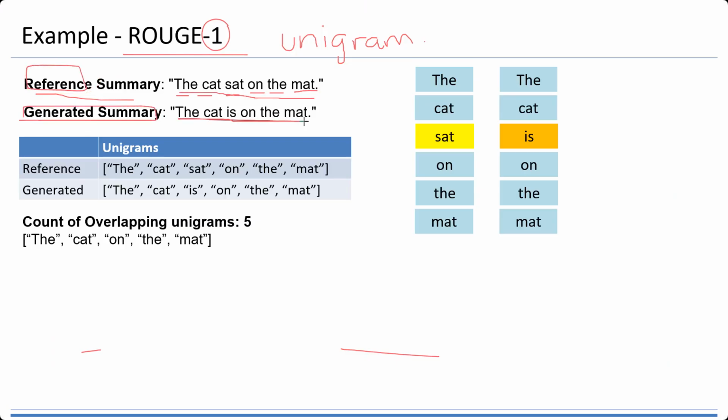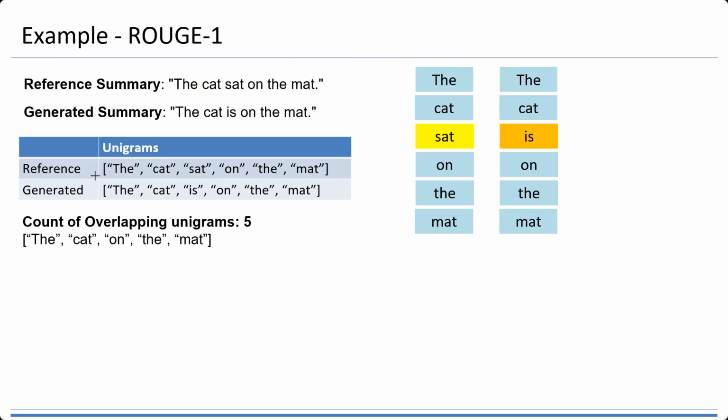So we want to check the unigram, which is based on one word. The words are "the cat sat on the mat," and then the generated summary also has its unigrams: "the cat is on the mat." And we will calculate how many words overlap. So if you look at this one, the and the, cat and cat.